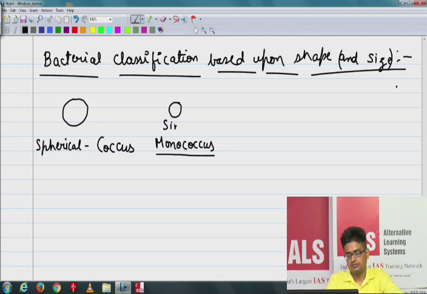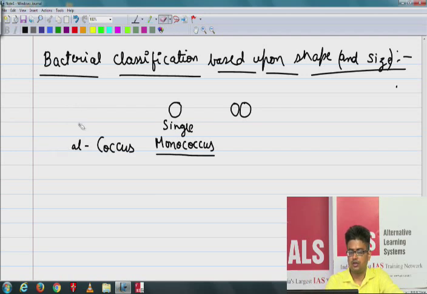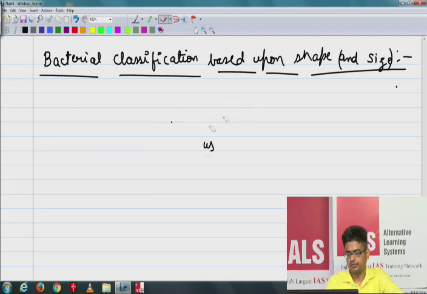Single. If two bacteria are there, okay, sorry. We finished that. All right. I believe we have also done bacterial classification based upon flagellum.